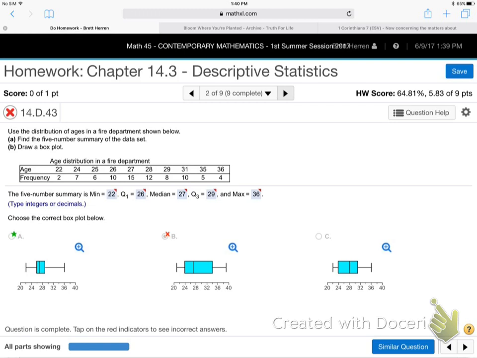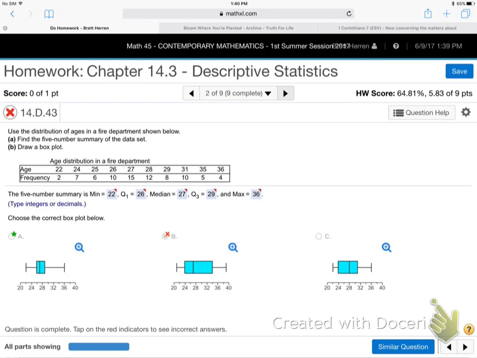So, all right, give that a try. Find the minimum, the Q1, the median. That's the 5-number summary, basically, right? So give that a try. See if you can start with the low, then do the Q1.